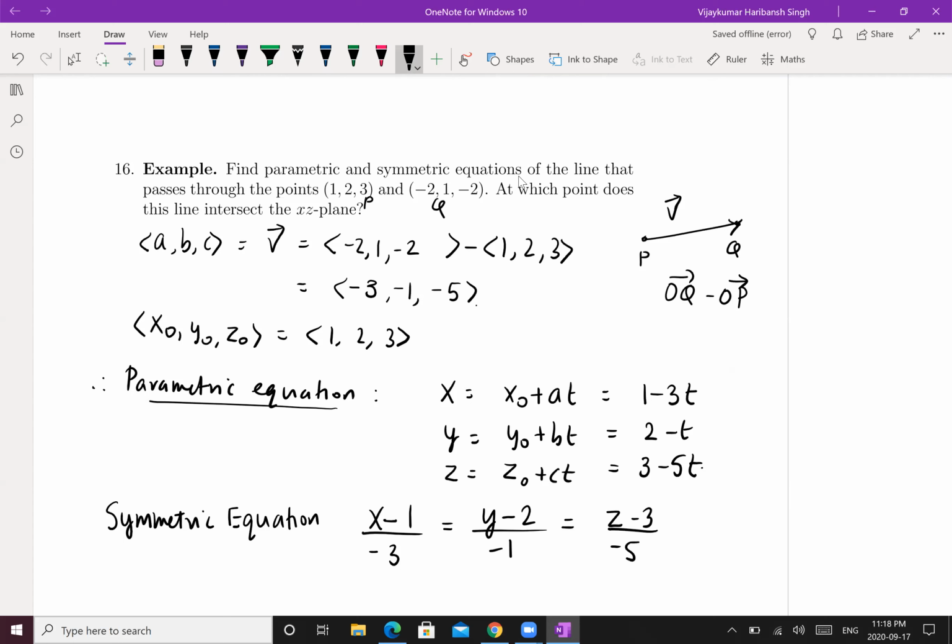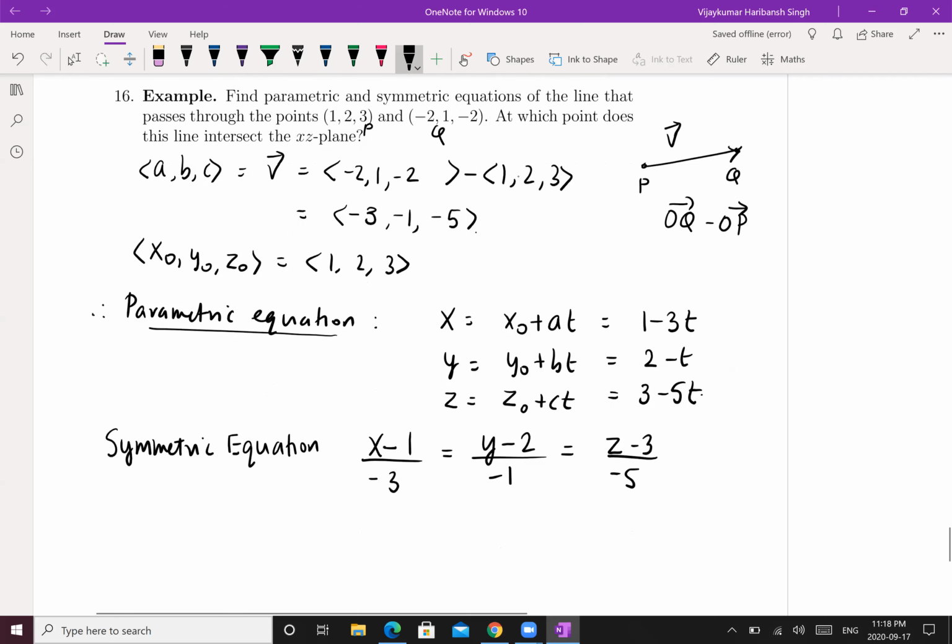If you want, you can get rid of these minus signs as well. That's also okay. So this gives you the symmetric equation of the line.